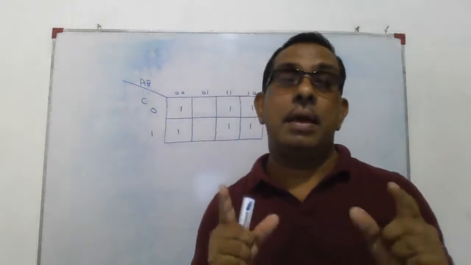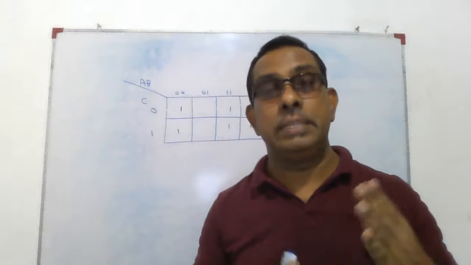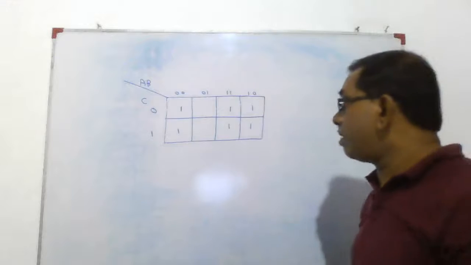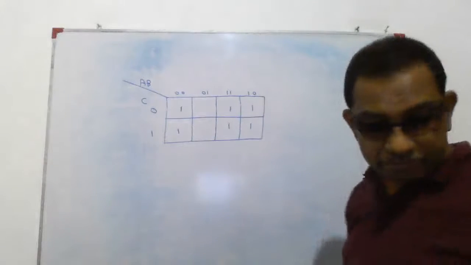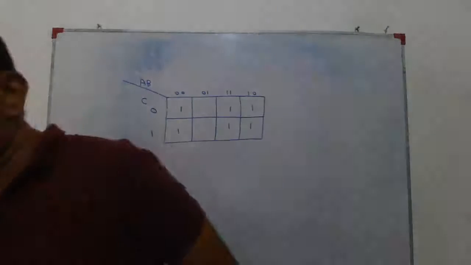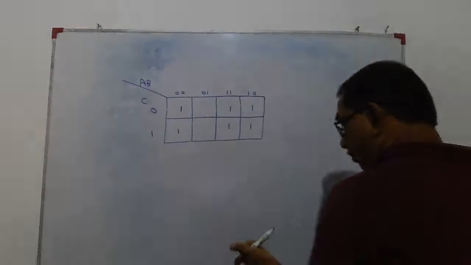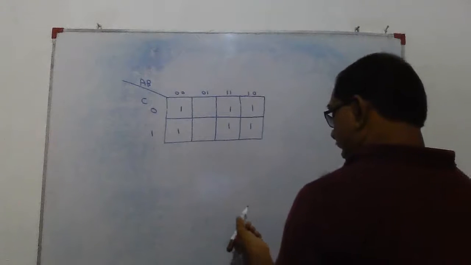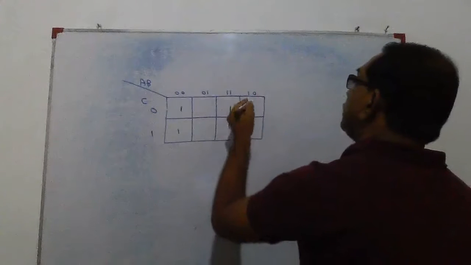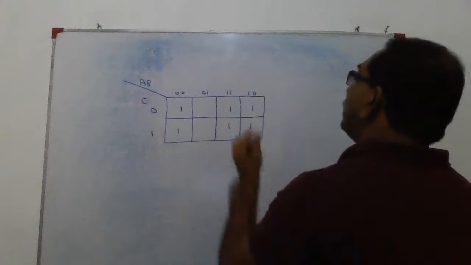But this time I want to show you what are the things you have to consider when grouping. I will try to group them. So there you take 4 cells here. We can make a group of 4 variables in this.